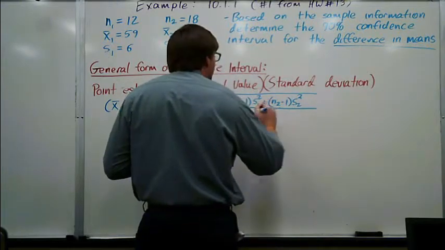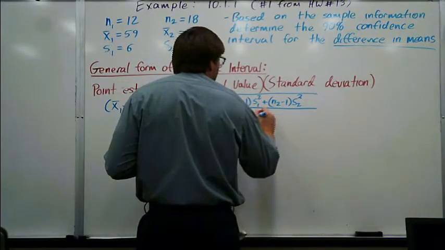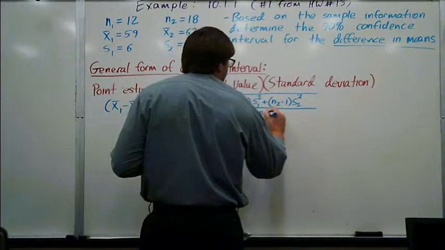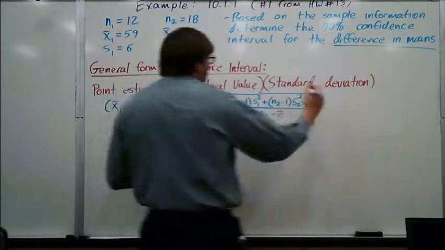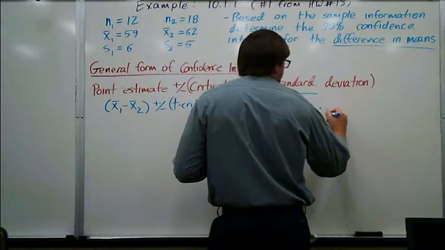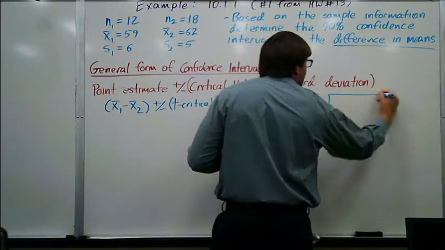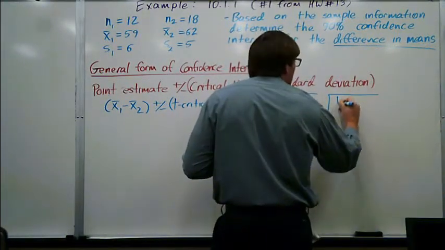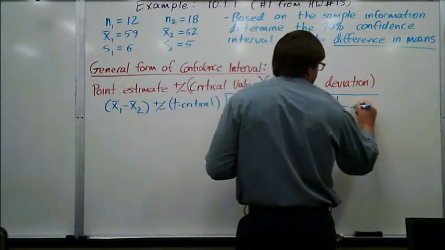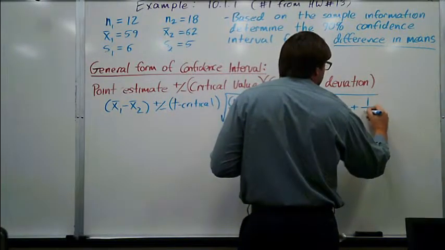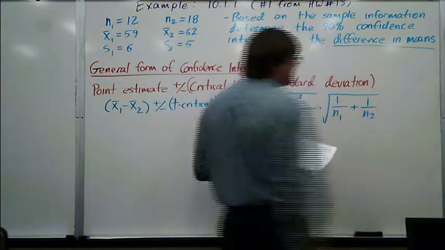And that's all divided by sample size 1 plus sample size 2, subtract out 2. Then that is multiplied by another radical expression that is just 1 over sample size 1 plus 1 over sample size 2.